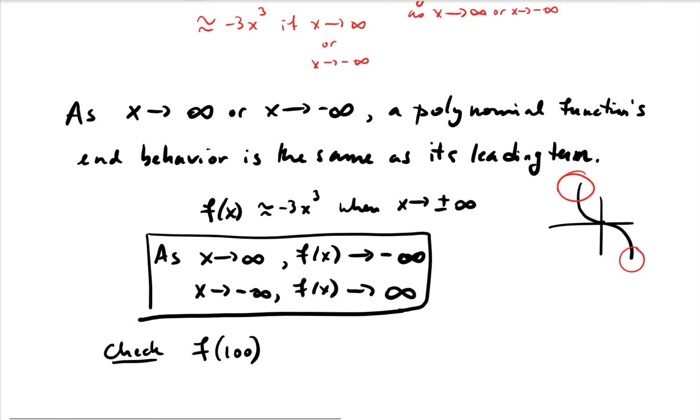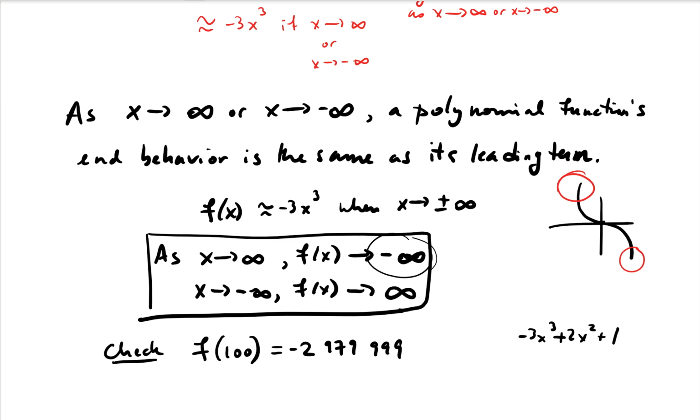So f of 100, if you plug that into your initial polynomial, remember it was minus 3x cubed plus 2x squared plus 1, so you will replace x by 100. If you do that on a calculator, you're going to get minus 2,979,999. So as you can see, that's pretty large and negative, which is what we expected, right? We expected large negative values.